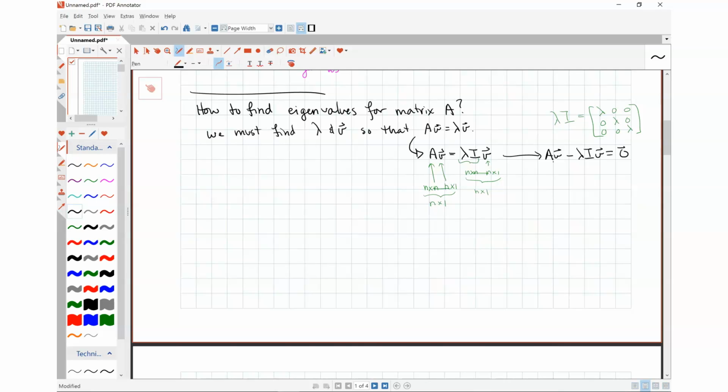And now since I have a matrix times the vector minus another matrix times the same vector, I can use the distributive properties of matrix algebra backwards to factor out that V vector. So now we have this homogeneous linear system.